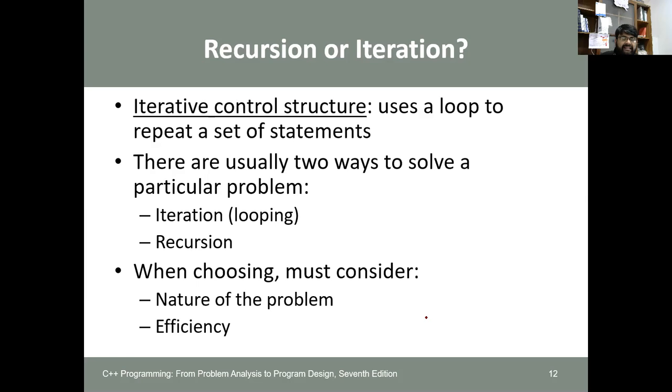This is how an iterative control structure is defined. In iteration, you actually use a loop. You pass it value by value, and each problem can basically be solved either by iteration or through recursion. You must know that every recursive problem can also be solved using iteration.